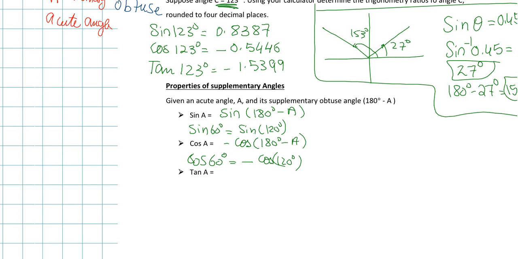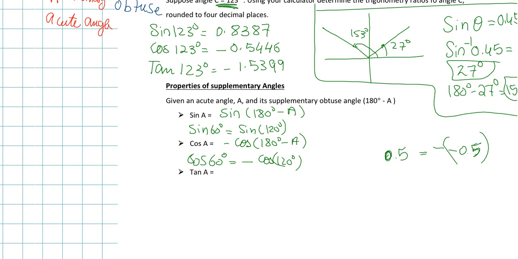This is 0.5, this is negative 0.5, if I multiply it by a negative. And that's what I just did here. So they're equal to each other, but they're the opposite sign of each other. You won't be using this one a lot.